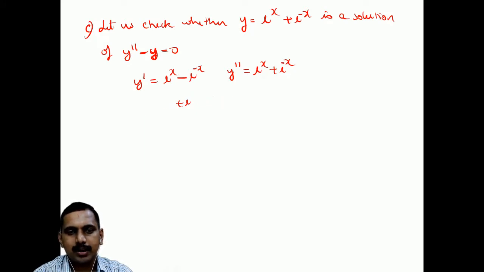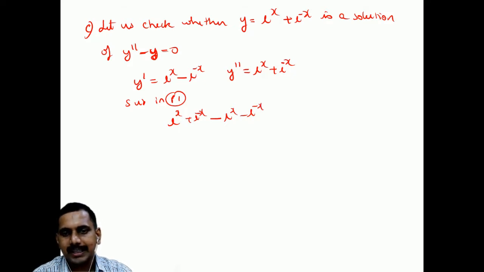Or instead of that, I can say substitute in P1. Then we have e power x plus e power minus x minus e power x minus e power minus x, and that is equal to 0. This is also a solution. So what did we get, students?